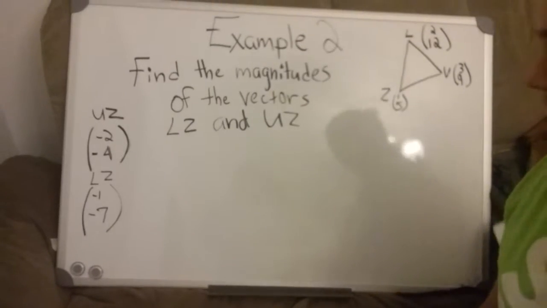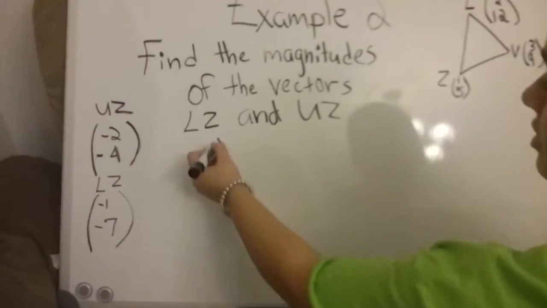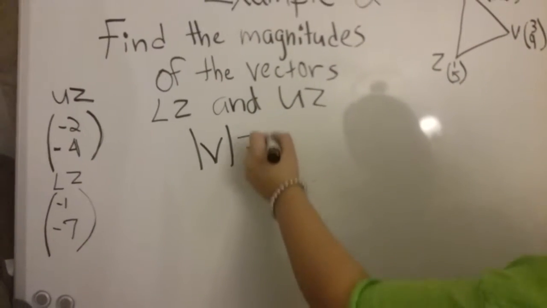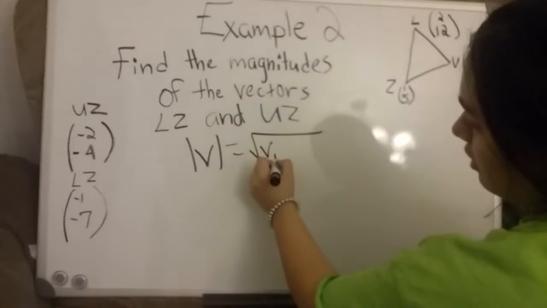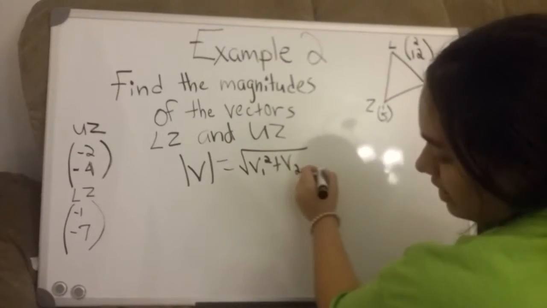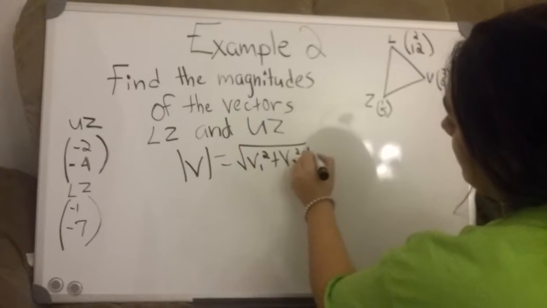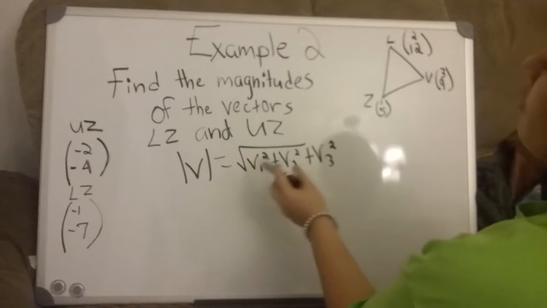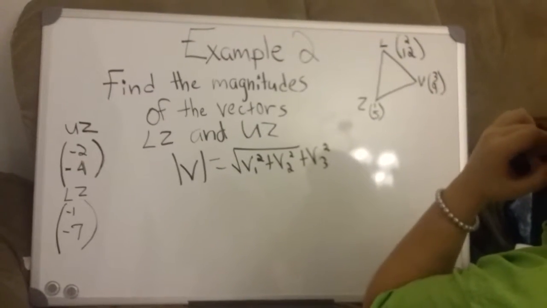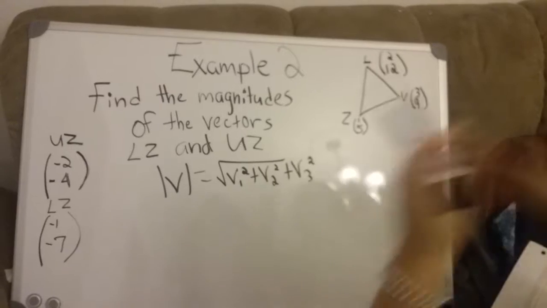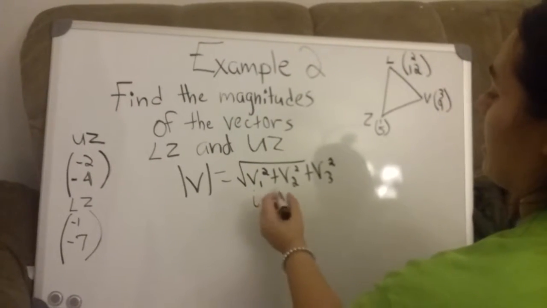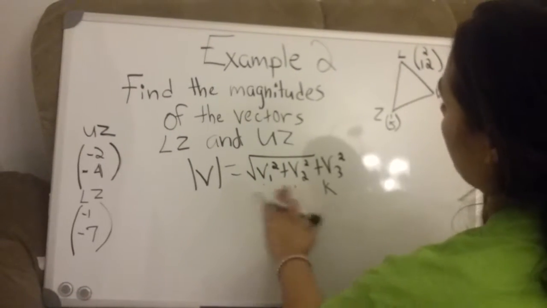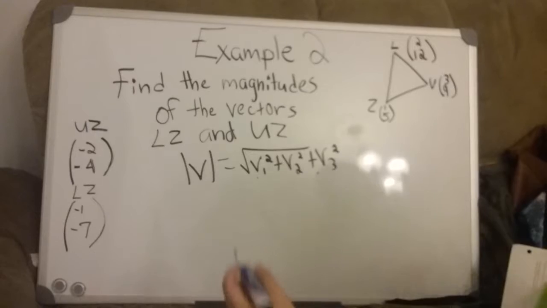The magnitude of a vector equals the square root of v1 squared plus v2 squared plus v3 squared. v1, v2, and v3 are just the parts of a vector, so for example, i, j, and k.